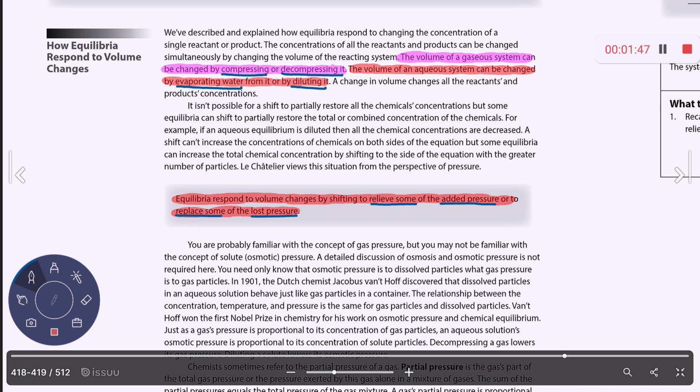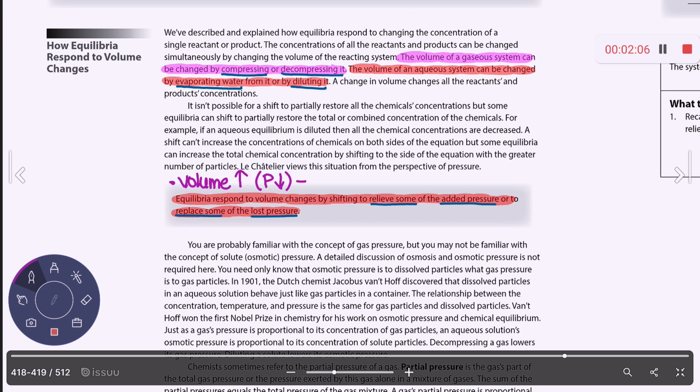So let's make a couple of notes here. So let's write down that for volume increasing, okay, that means the pressure decreases.